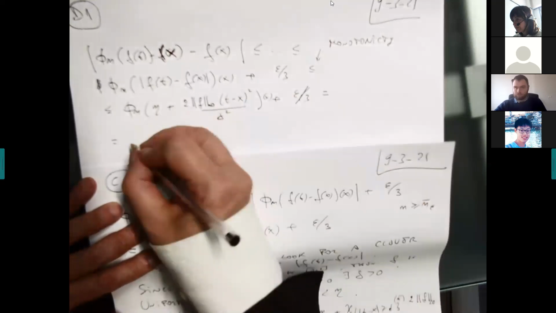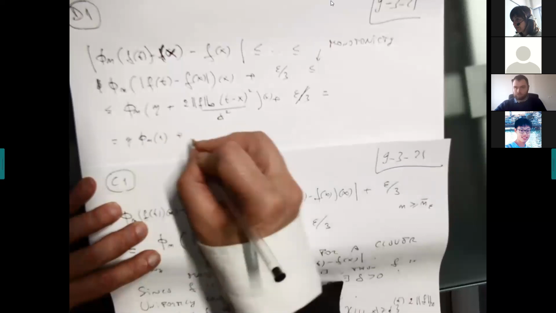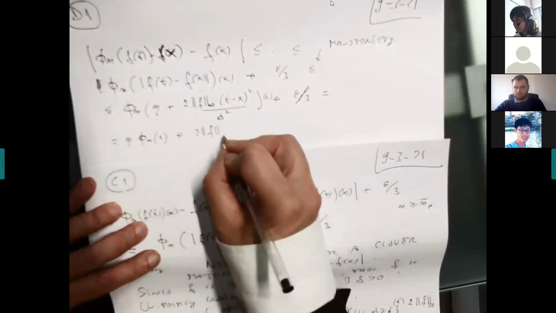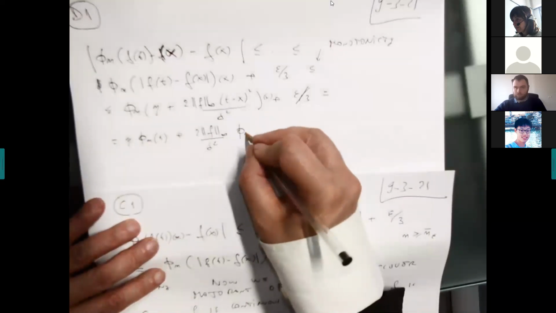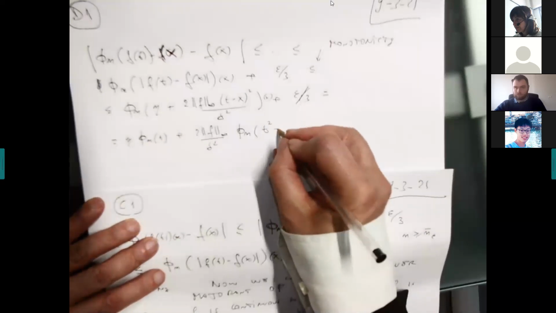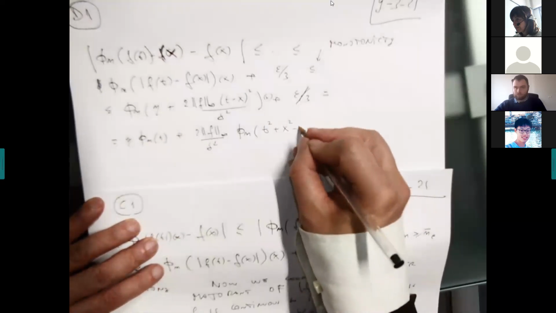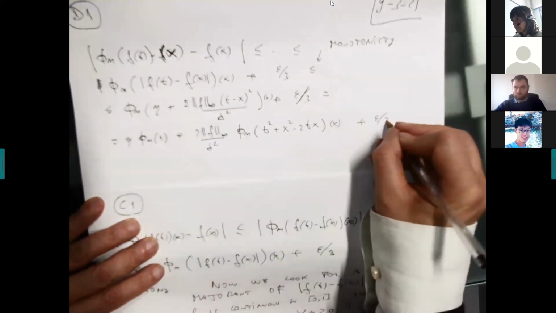So phi n of epsilon is epsilon phi n of 1, plus 2 infinity norm of f divided by delta square. And here there is phi n of (t minus x) to the power 2, which is t squared plus x squared minus 2tx in x plus epsilon divided by 3.